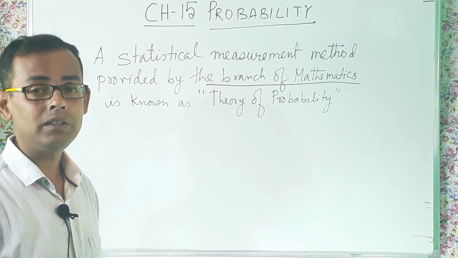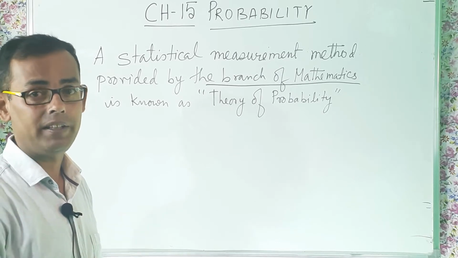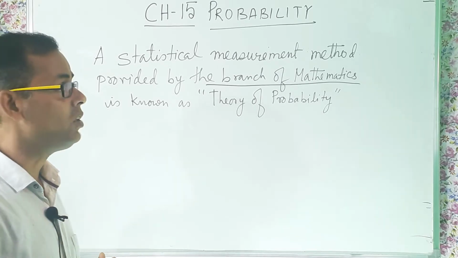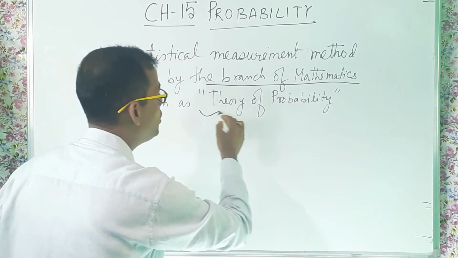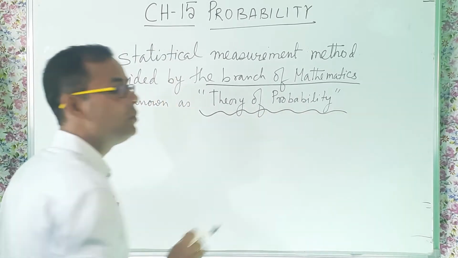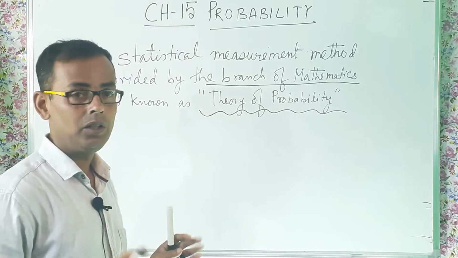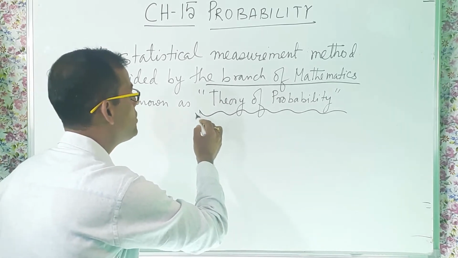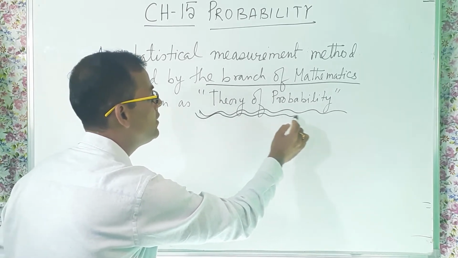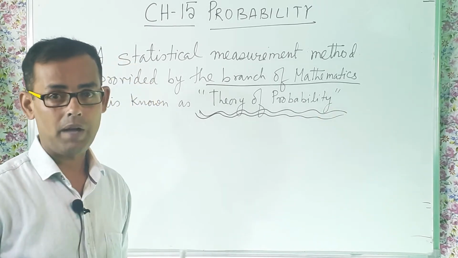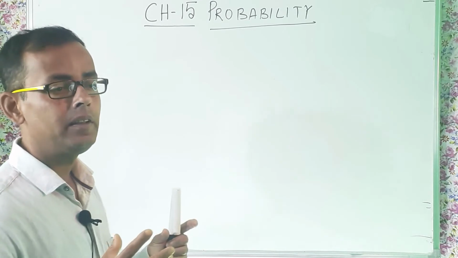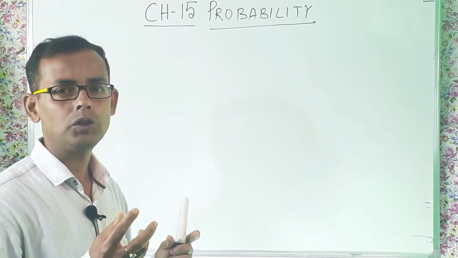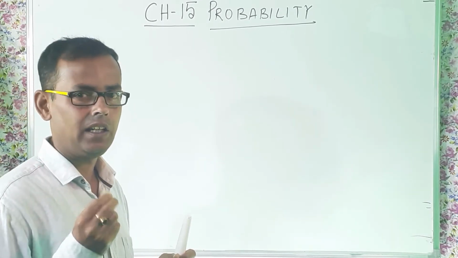Now, in mathematical statistics, we can find out the degree of certainty of the events. And how can we find out? Through the theory of probability. Clear? Through this method, that is the theory of probability. Now I think you have got a little idea about probability.